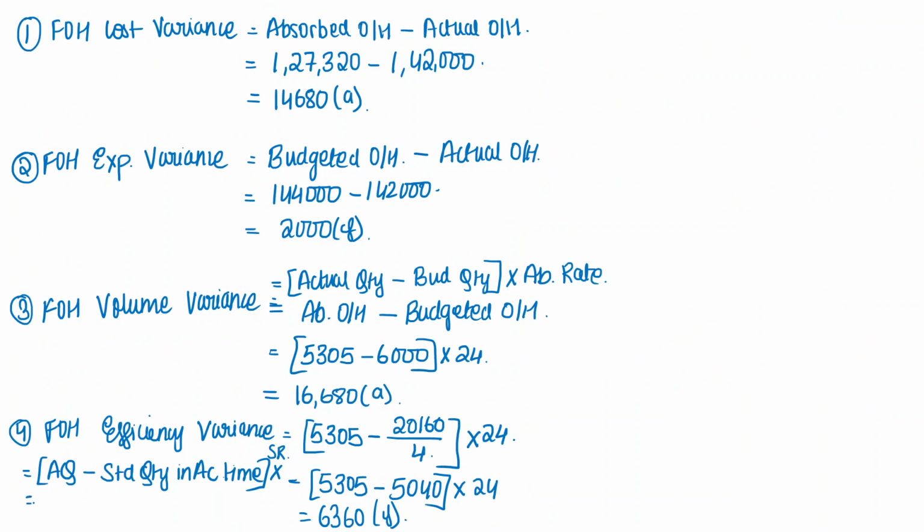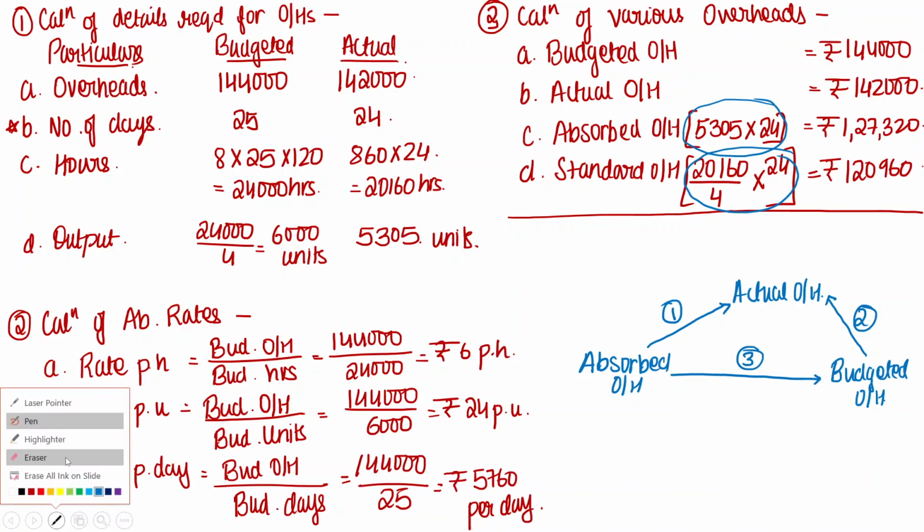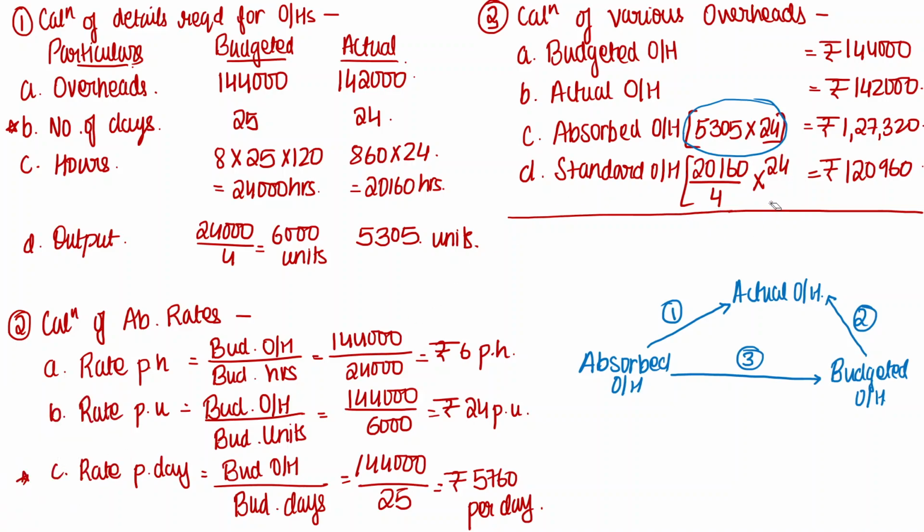Absorbed overheads, and standard quantity in standard means 20,160 by 4 into 24. What is that? Standard overheads.